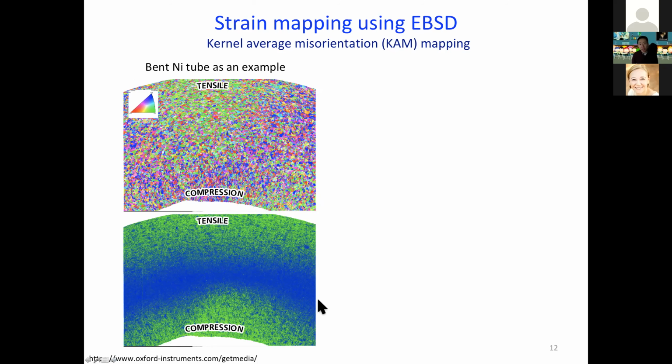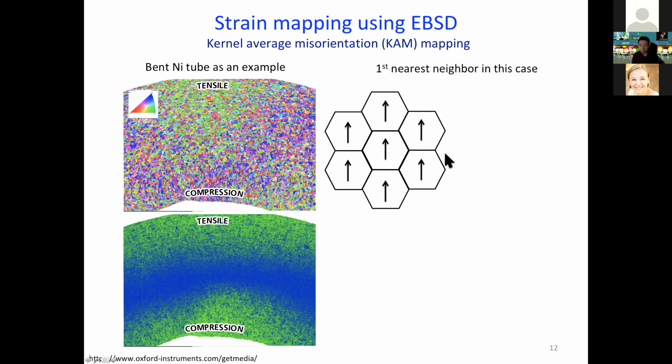Then how does KAM work? The principle is very simple. To me, it's ingenious. In EBSD, we know the combined Euler angles of each individual pixel. So we can use this arrow to indicate the Euler angle in the pixel. Then it will look at the orientation of the neighboring pixels as well. In this illustration, this is only the first nearest neighbor.